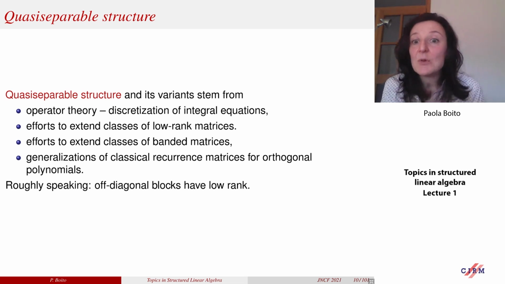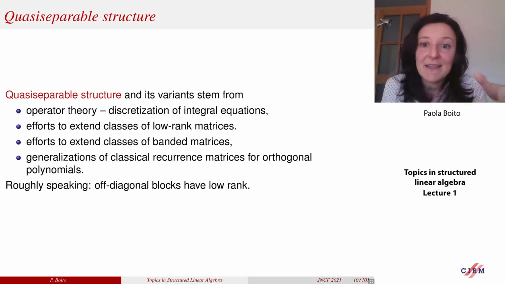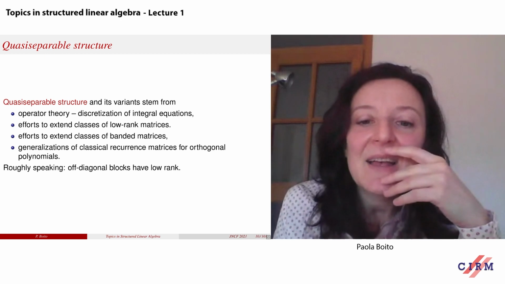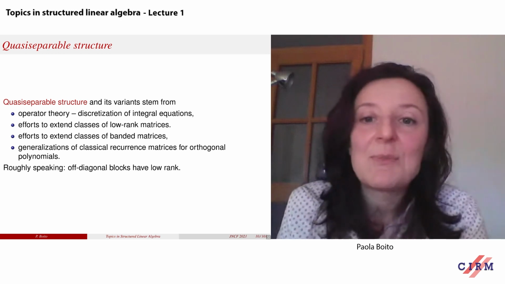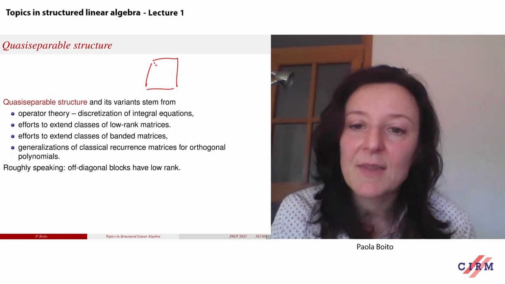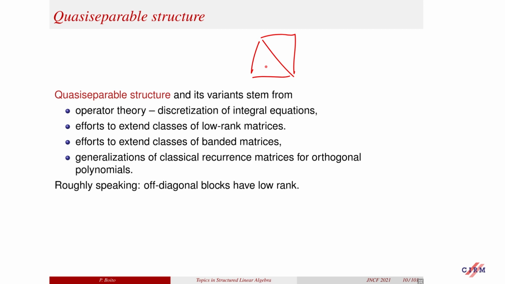So let's now move to quasi-separable structure, which will be the leading theme that guides us today and tomorrow. So what is quasi-separable structure? Basically, I have a matrix. This matrix has an upper triangular and a lower triangular part.